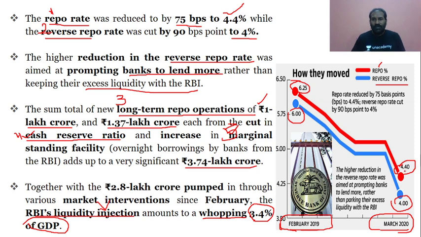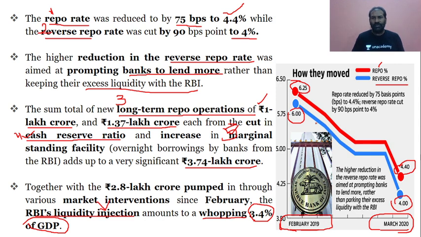That means banks can take more money at only 4.4 percentage. And in regards to reverse repo rate, earlier 6 percentage, earlier in the sense I'm talking about February 2019, and now in March 2020, it is 4 percentage. This is the one wherein RBI borrows money from the banks.